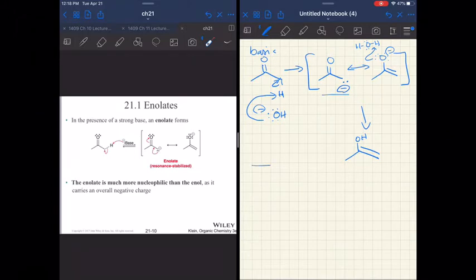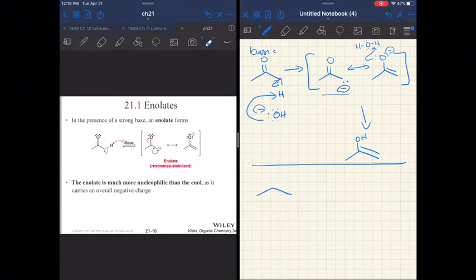Okay, so we know that we're going to be looking at this alpha position. And one of the properties that makes this alpha position so interesting is the acidity of this position, the acidity of the hydrogens on an alpha carbon. We know that an sp3 CH is not considered acidic, and that is still true.